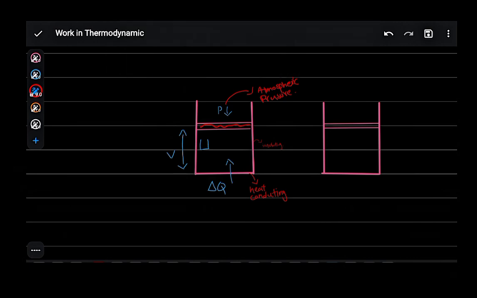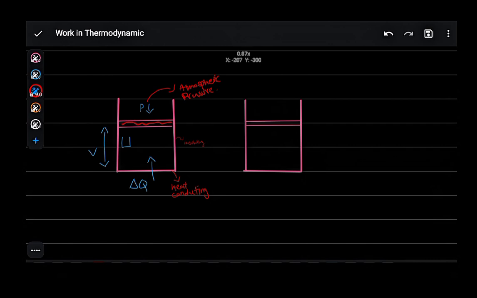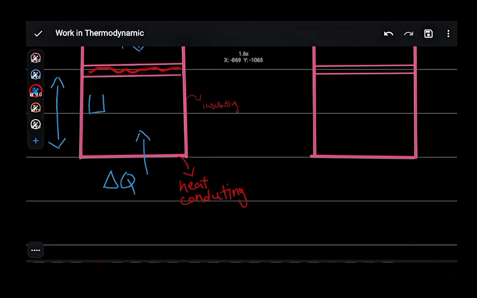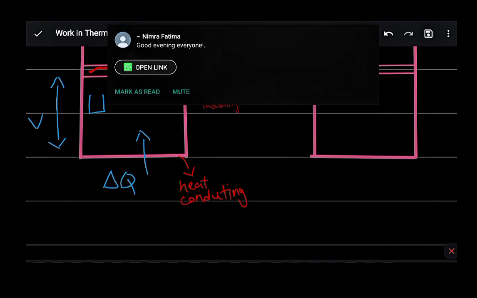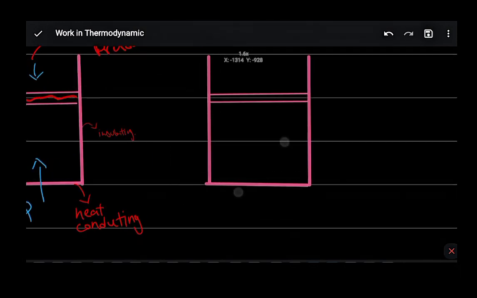Now what if I provide heat to this cylinder? What will happen? The first thing that will happen is its volume will be increased.